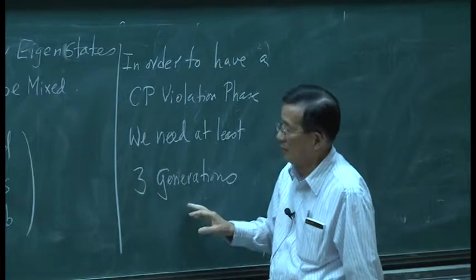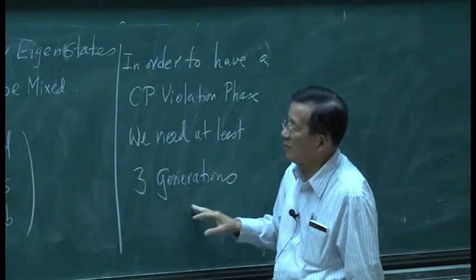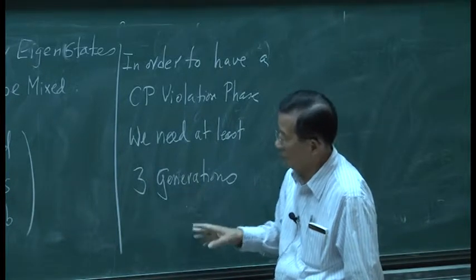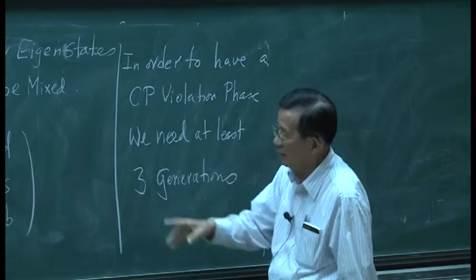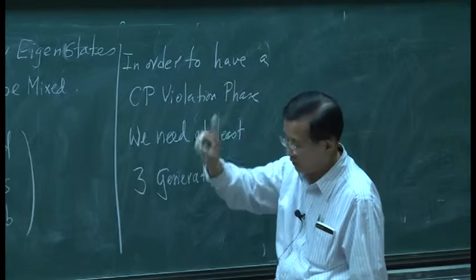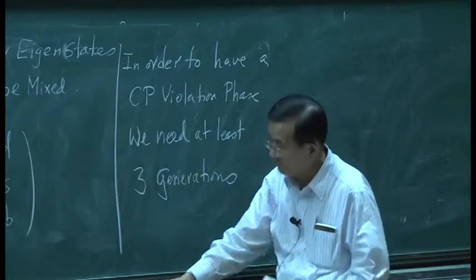Okay, so 3 generations is the minimum number of generations you need to have a CP violating phase. In this case, there's only one phase which violates CP.